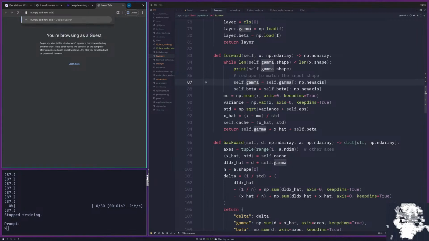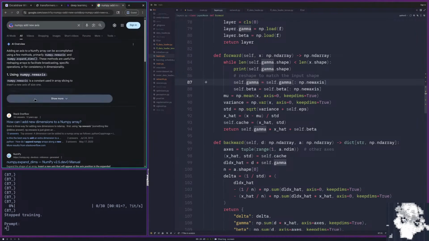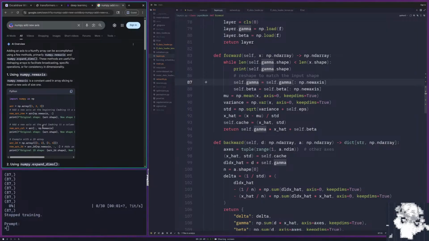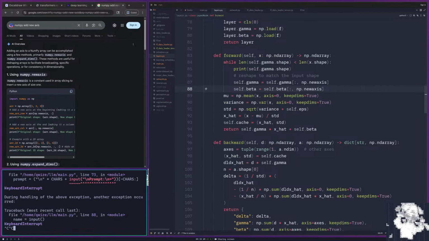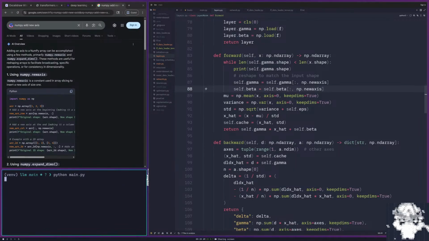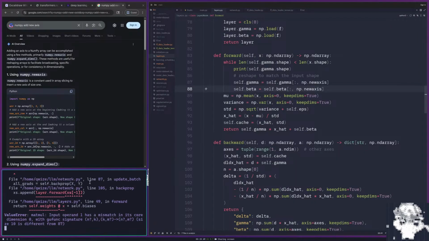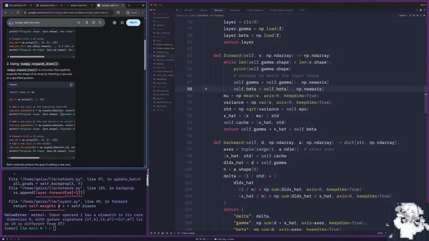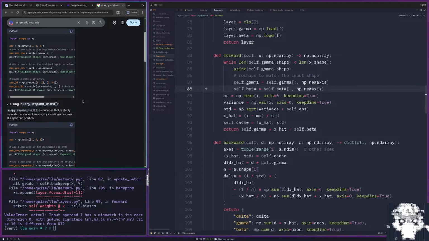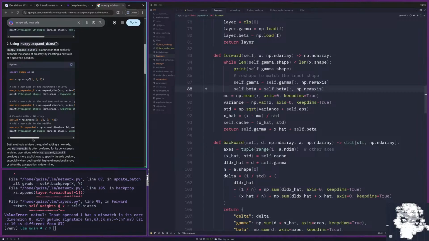NumPy add new axis. Because I don't have a comma. But do I need to... I don't know if I would need a colon for as many axes as I have.